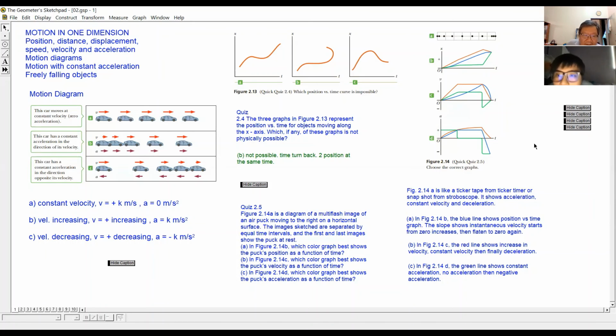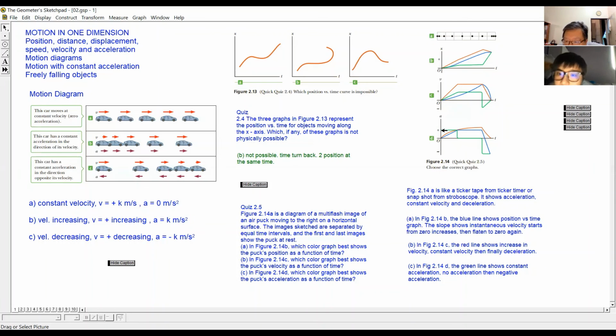The acceleration is positive, zero, then negative. Now which one shows positive, zero, then negative? This red line is positive all the time. The blue line is positive, then no zero, straight away it jumps to negative.